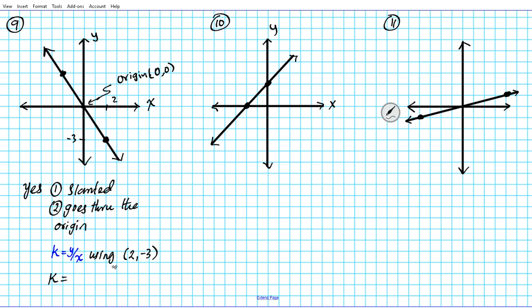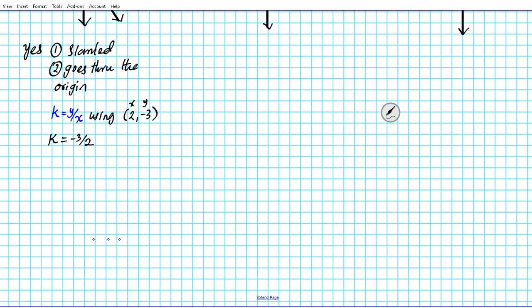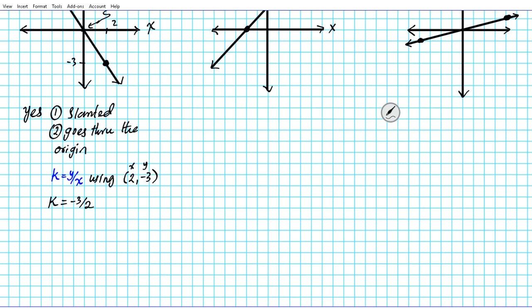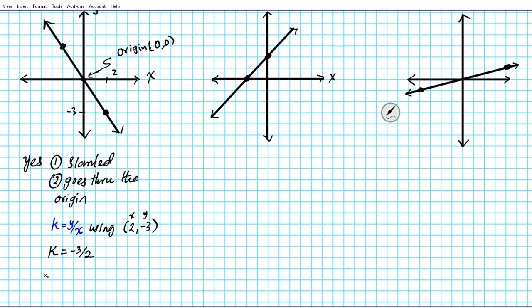So k is y over x, your y is negative 3, your x is 2, so you have negative 3 over 2. There is your constant of variation. Let's write that down: constant of variation k is negative 3 over 2.